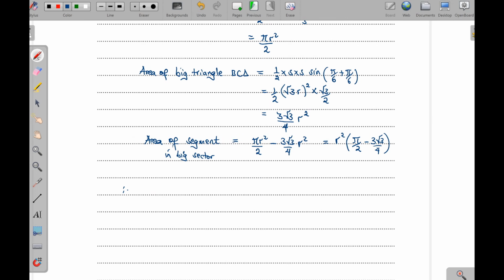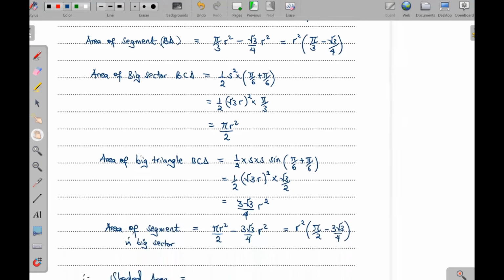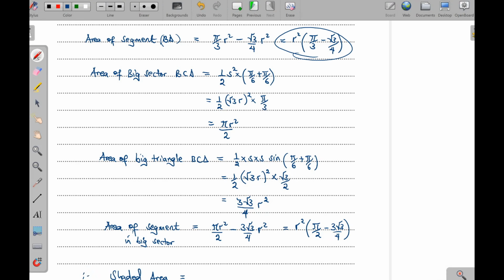So therefore, the shaded area shall be equal to the one that we got at first, the area of this segment here, and this one here. So in fact, let me underline them. They are the ones that I'm going to use here to get the final answer.